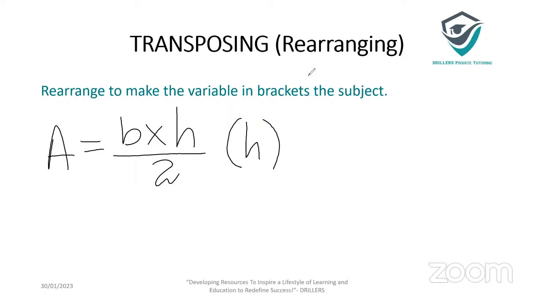So I'm going to move all of that and put it on the other side where area is, because we want to make h the subject. Therefore, we want h by itself. That's all it's saying. To make h the subject is just saying that we want h by itself. We want it alone. We want it isolated. That's why we are transposing, because we want it isolated.